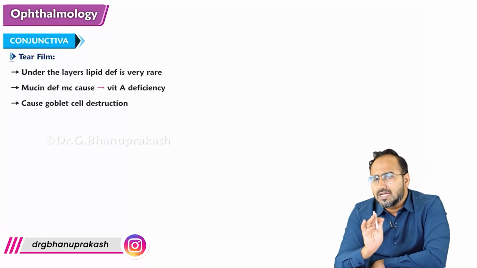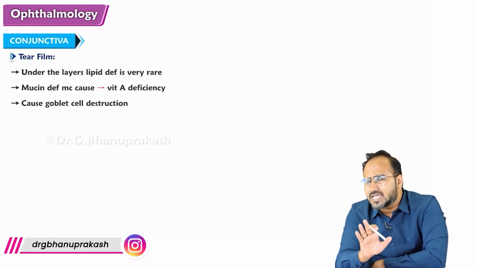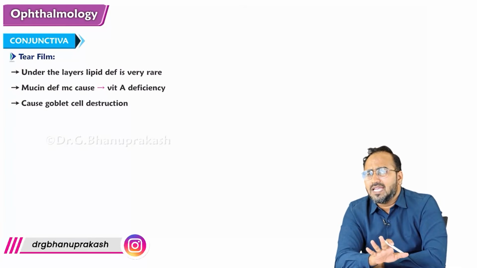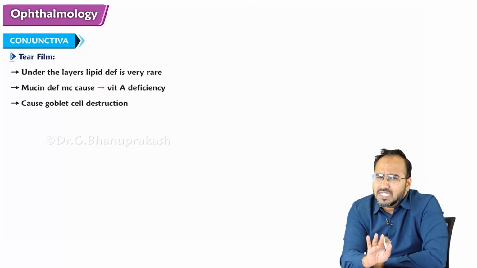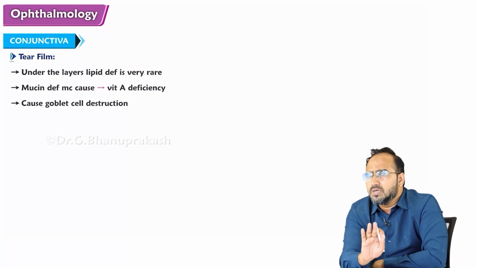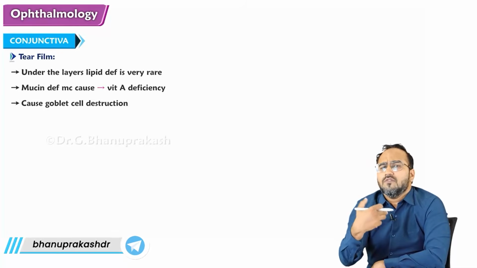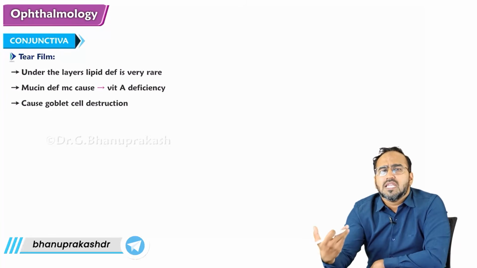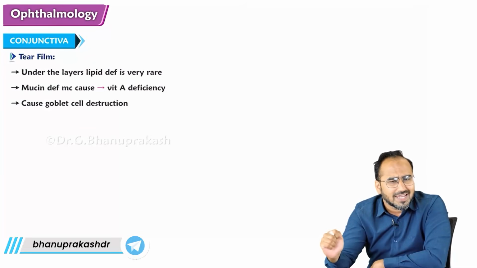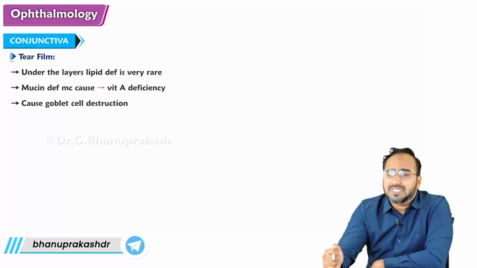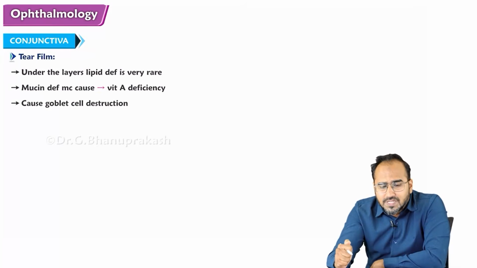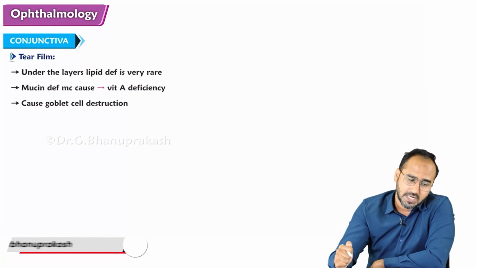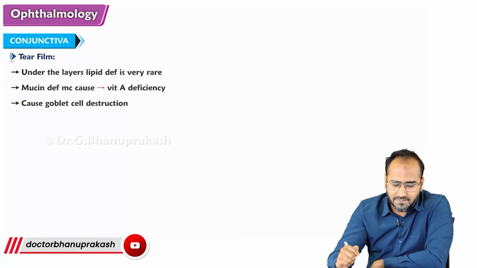So I told you, absence of any of these 3 layers can lead to dry eyes. In these 3 layers, which layer deficiency is common? If that is the question, your answer is mucin layer deficiency. Which layer deficiency is rare? Lipid layer deficiency is very rarely seen. And why do you see this mucin layer deficiency? Because mucin layer deficiency is commonly seen due to vitamin A deficiency.